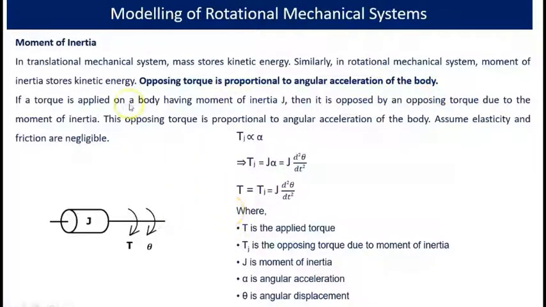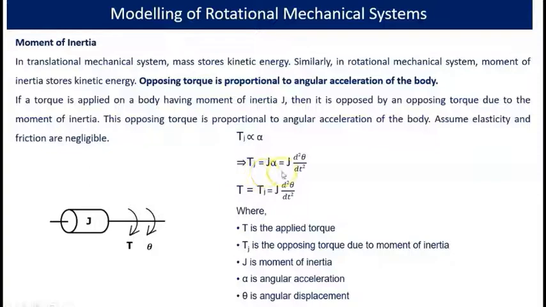If a torque is applied on a body having moment of inertia J, then this opposing torque is called inertia torque. It is equal to the product of the moment of inertia and the angular acceleration.